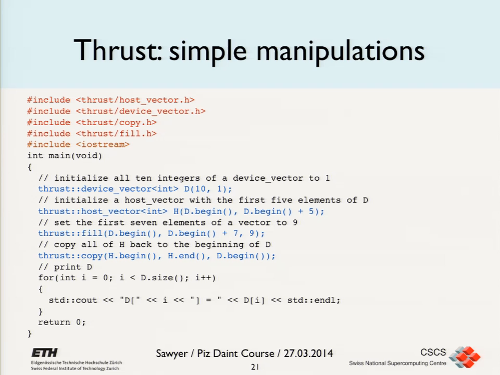We define a device vector with all ones. We initialize a host vector with the first 5 elements of D, from begin to begin plus 5 iterators. Fill the first 7 elements with 9, and then copy H back to D.